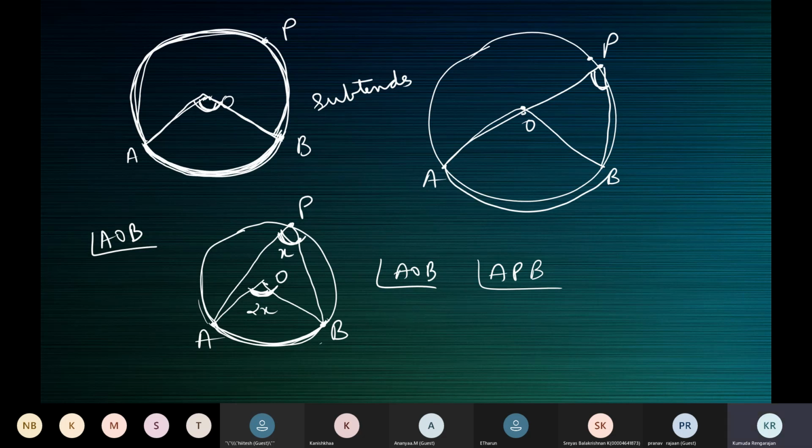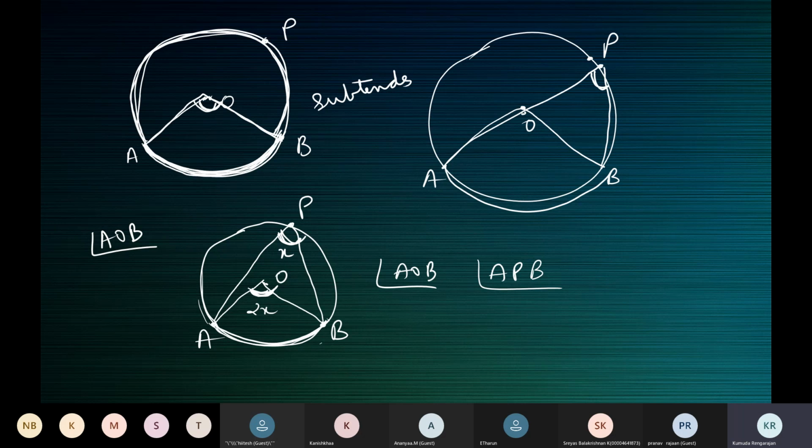That's what the theorem is. The angle subtended by an arc at the center is double the angle subtended by the same arc at any point on the remaining part of the circle. When I'm repeating, don't turn a deaf ear. Please listen.